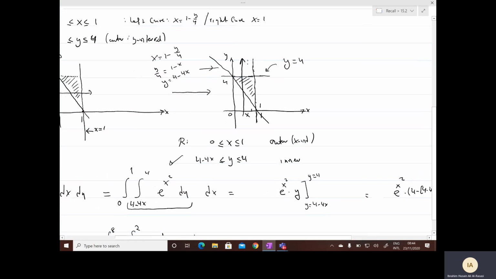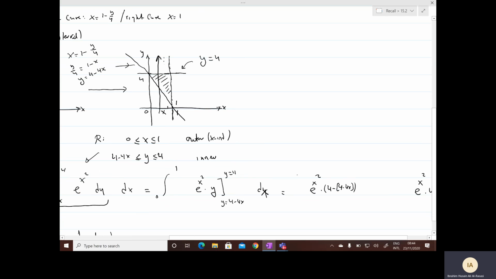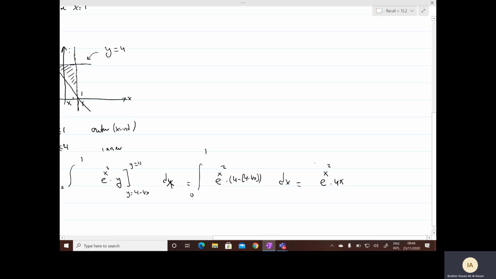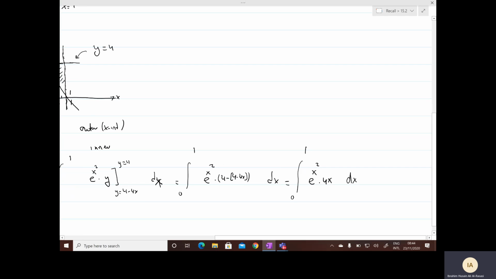Now bring the outer integral, 0 to 1 of 4x e power x squared dx. Now just use your substitution.